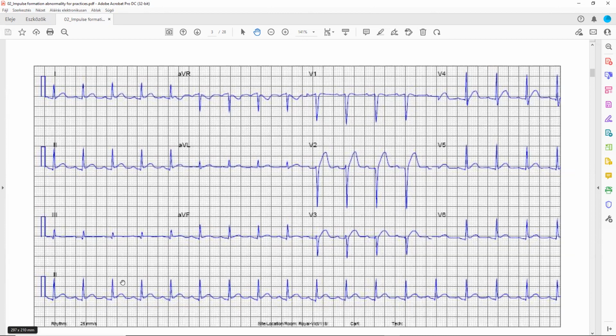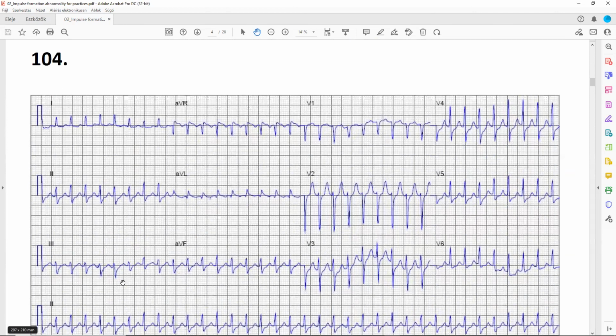The P waves are also rhythmic, so we have normal sinus rhythm. But not normal because the rate was faster than 100, so sinus tachycardia. Yes, that's it. Good.